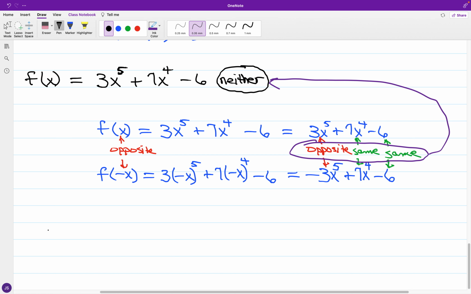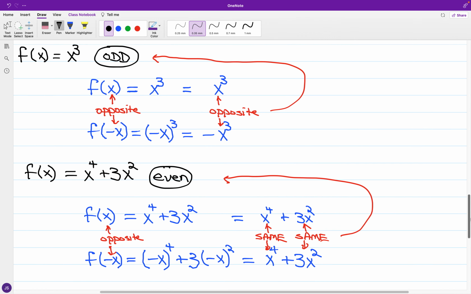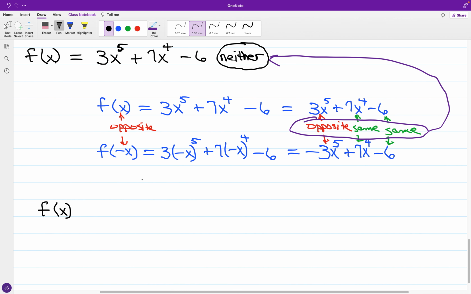And let's say we create a tiebreaker, in case you got one odd, one even, one neither, and for this last case, to see which one is going to come out ahead. Say we have f of x equal to x to the fourth plus 3x squared minus 1.